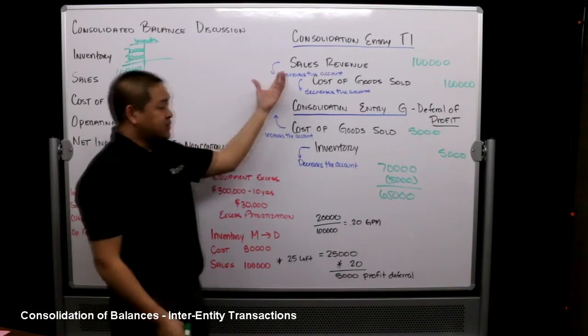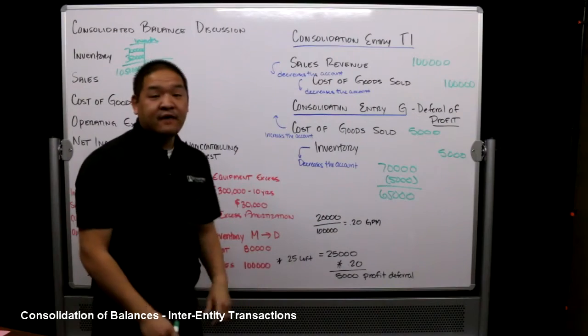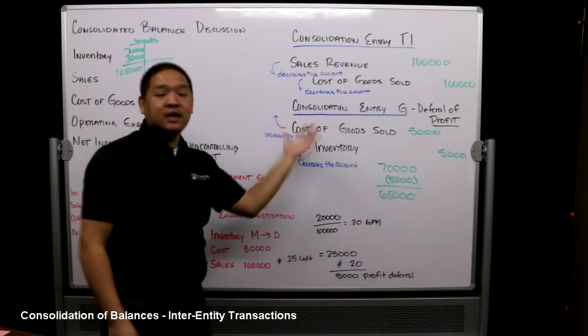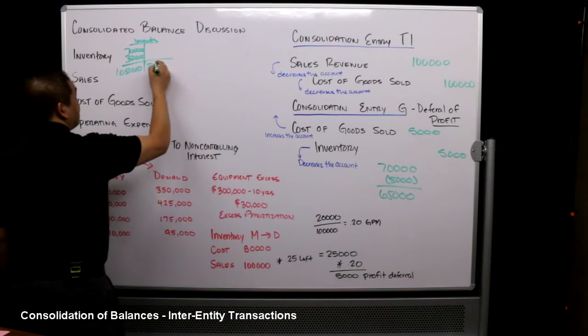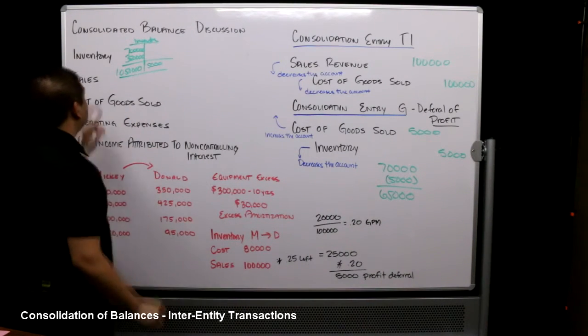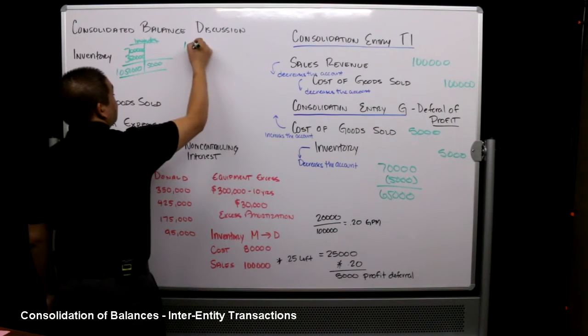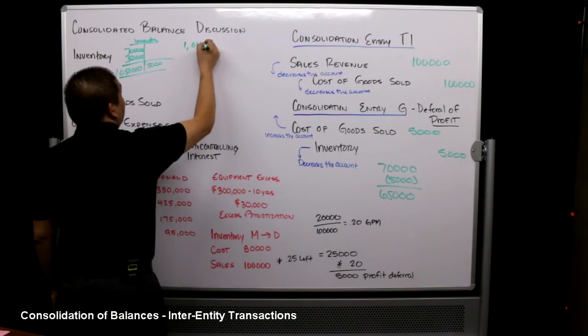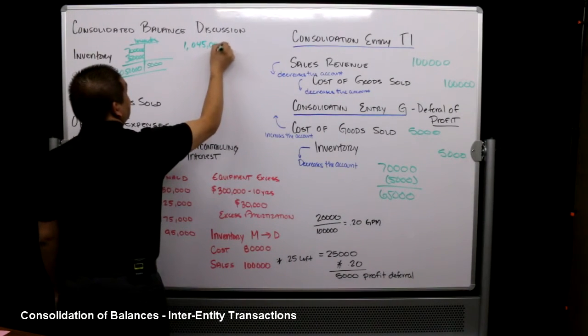But what entries did we do over here? Oh, well, we've got an inventory here of a credit of $5,000. So this would be our consolidation entry. That would be a credit. We would credit here $5,000. And so our combined inventory consolidated balance would be $1,045,000.